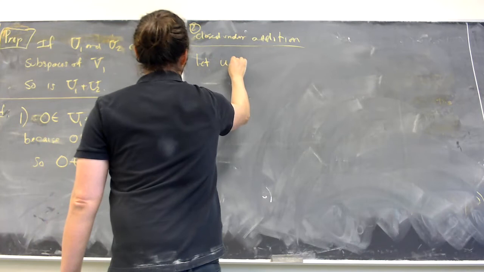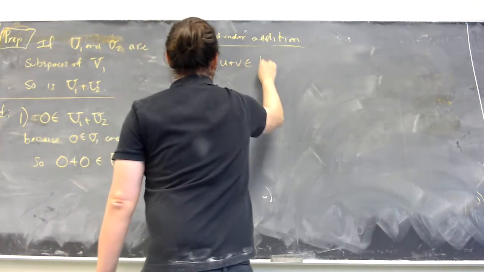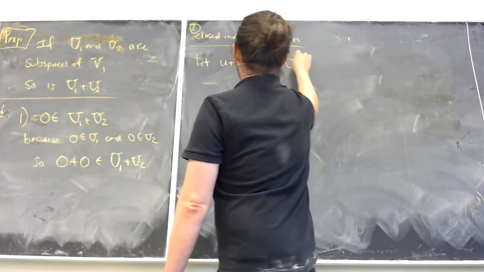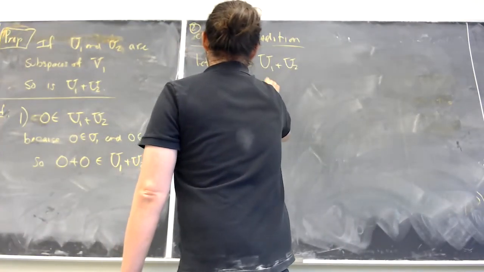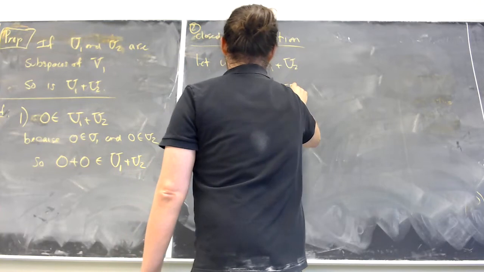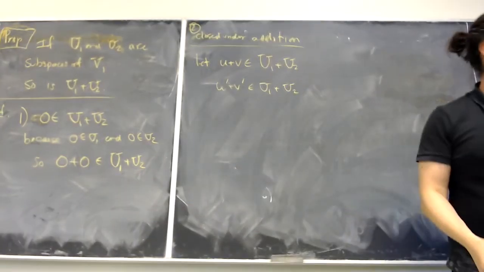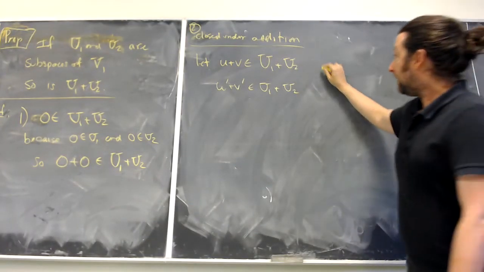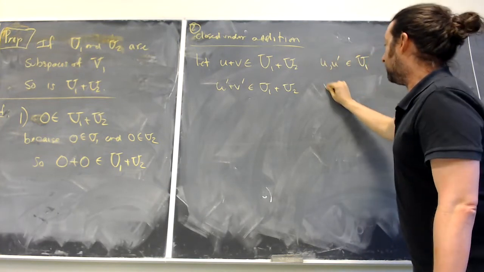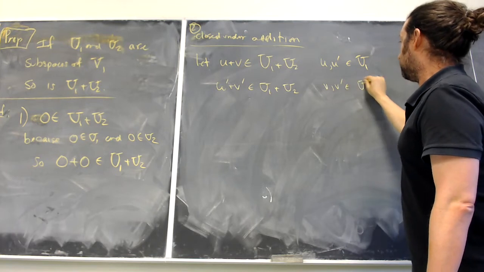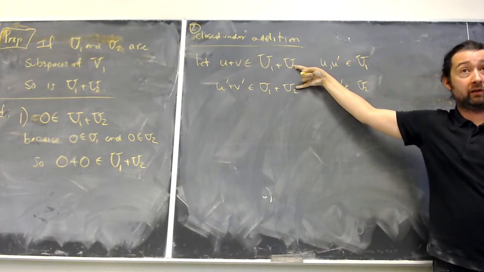So let u plus v be an element of U1 plus U2, and also u prime plus v prime be an element of U1 plus U2. They have that form because anything in the sum has u and u prime in U1 and v and v prime in U2. That's what it means to belong to the set sum, right?